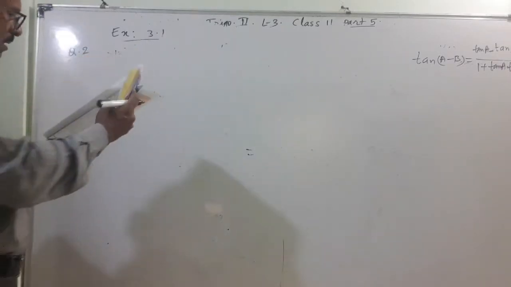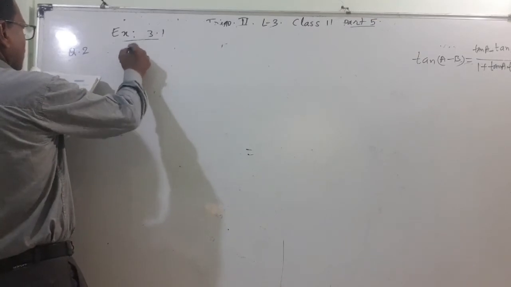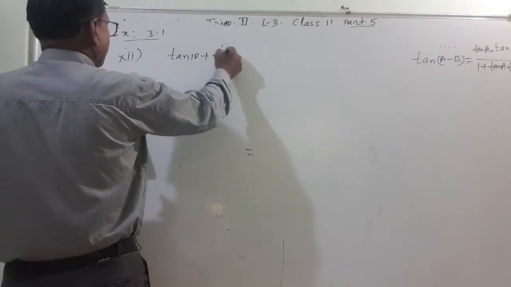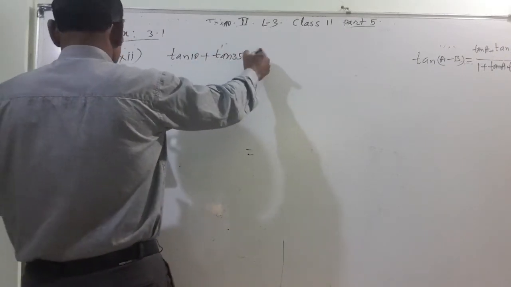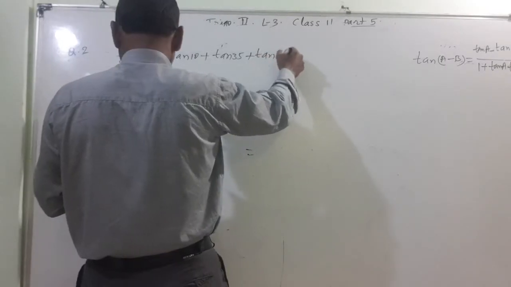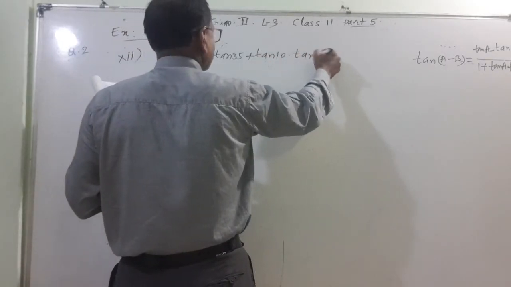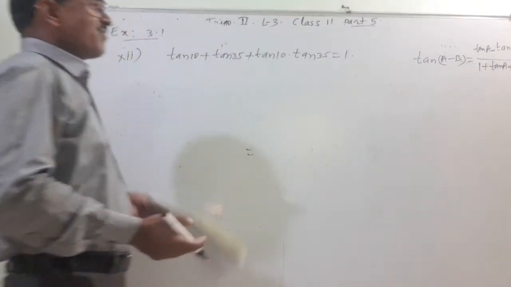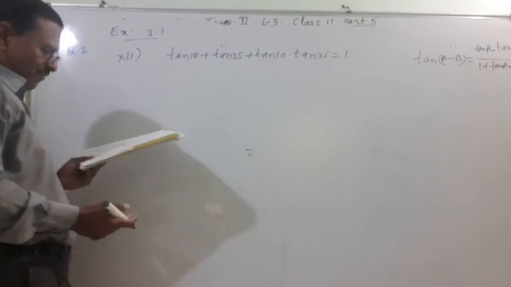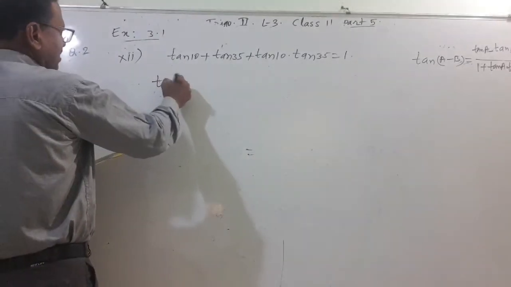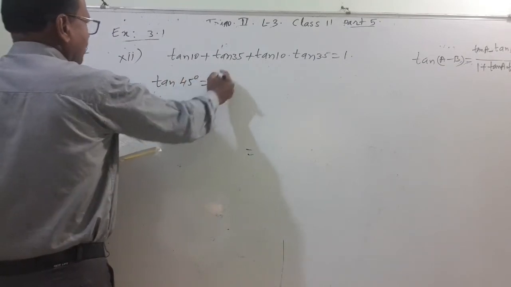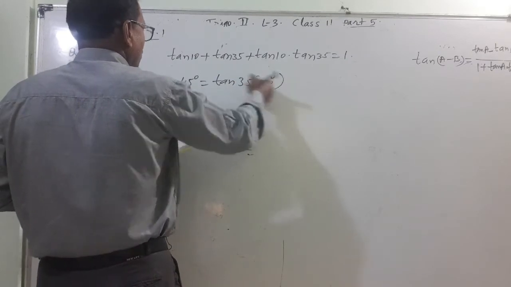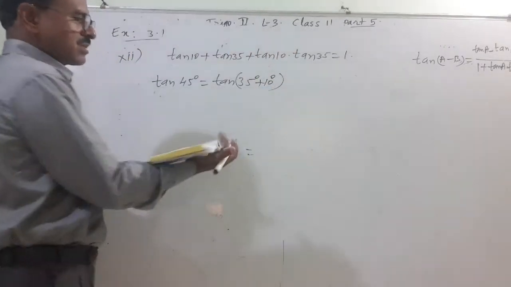So there is another sum, 12th sum. Tan 10 plus tan 35 plus tan 10 into tan 35 is equal to 1, that I have to prove. And 1 means what? Tan 45. So tan of 45 we will take is equal to tan of 35 degree plus 10 degree, and go on expanding and you will get all this.